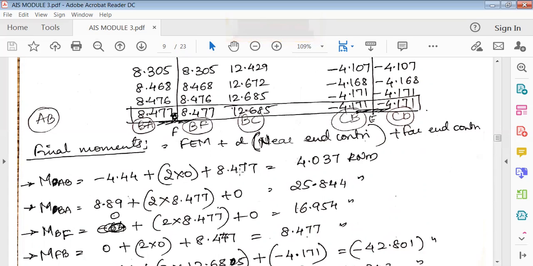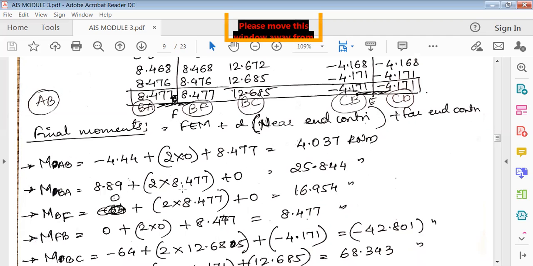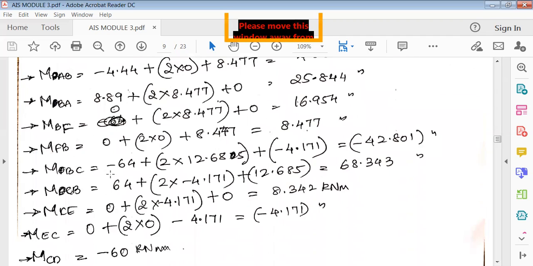So write down this. Next, similarly BA: MFBA plus 2 times near end. With respect to BA, the near end is 8.47, plus far end, there is nothing in the far end, so it is 0. Like this, go on calculating.